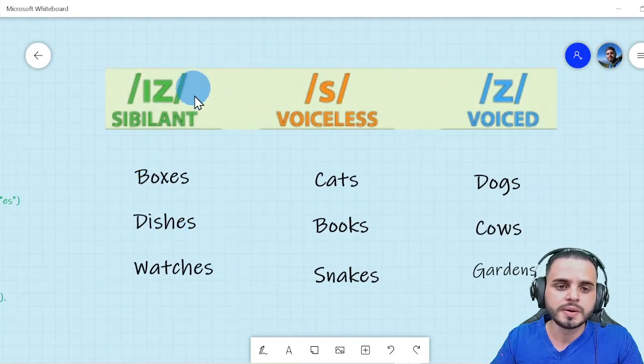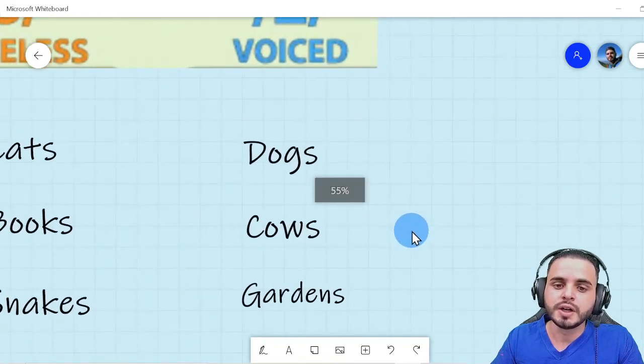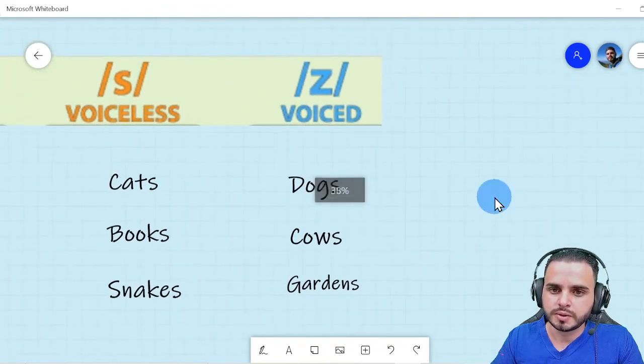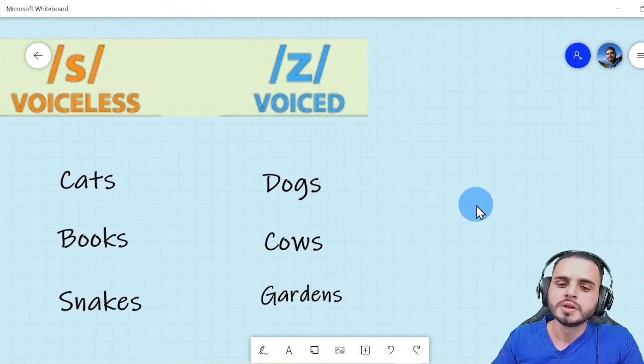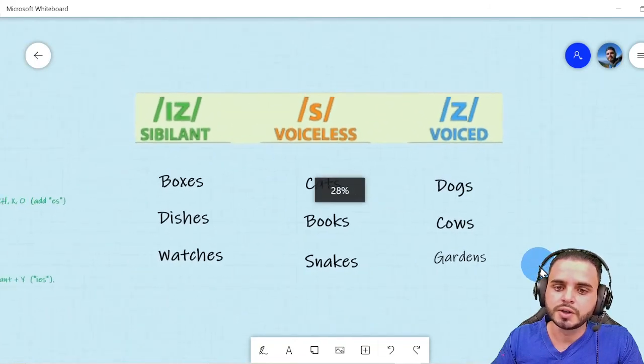So in here, this column, we're going to say boxes, dishes, watches. For these ones here, we're going to say cats, books, snakes. And for the ones over here, we're going to say dogs, cows, gardens. So notice the three different pronunciations.